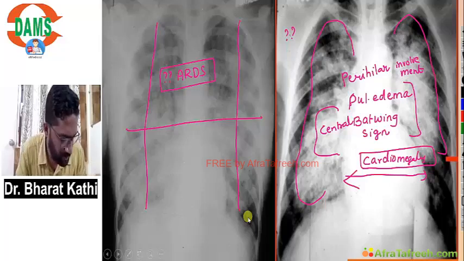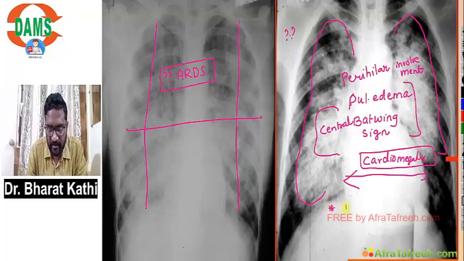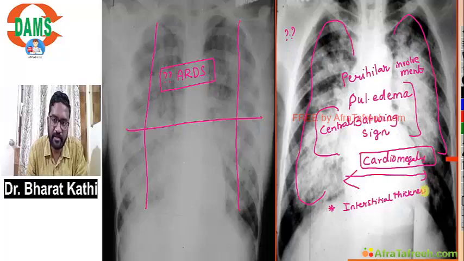So Kerley lines. Actually, Kerley B lines are usually seen whenever there is interstitial thickening. There are three stages of pulmonary edema.